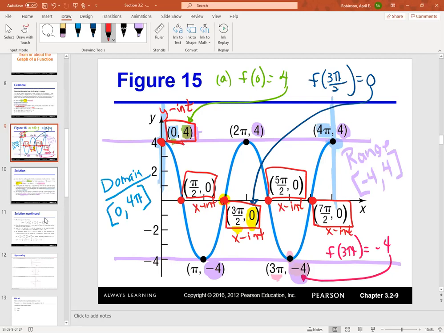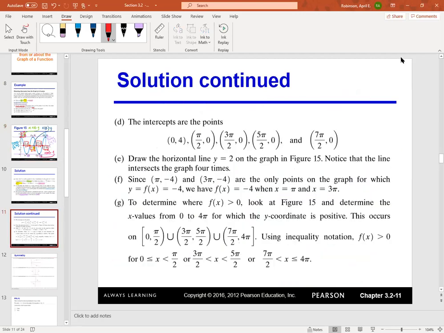Let's see, this would be back on slide 11 now. I think that's where their part comes up. Yep, the intercepts. There is my y, 0, 4. And then the rest of these are x, and then y is 0, x, and then y is 0, x, and then y is 0, x, and then y is 0. So those are my intercepts.